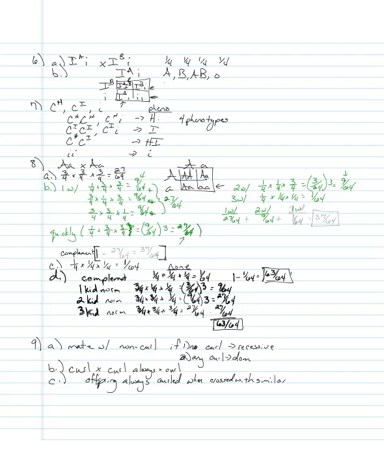And if three have the disease, then I have 1/64. So this can happen, or this can happen, or this can happen. And so that gives me 37/64.